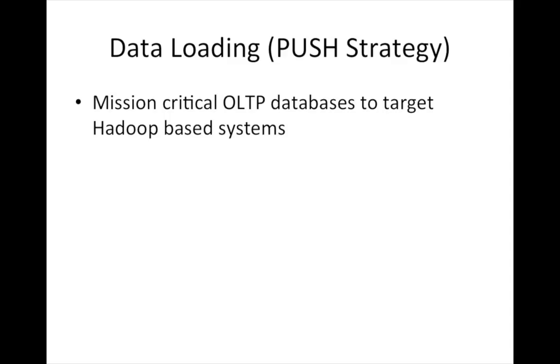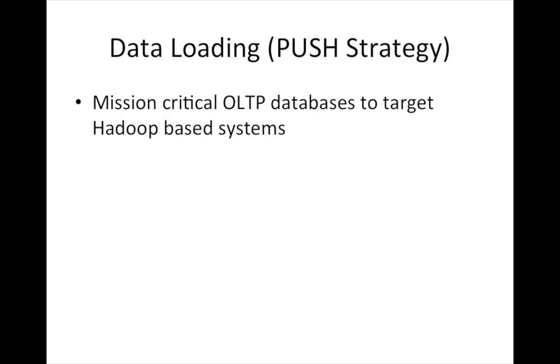So to cut the long story short, it is not a very good idea to pull data using tools like Sqoop, where parallelism can be easily increased or decreased, from the mission critical OLTP databases, even though they are relational databases.